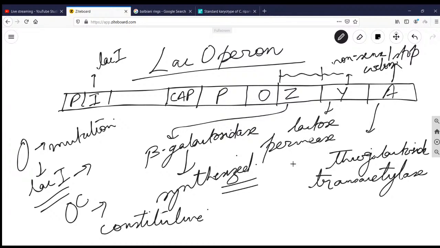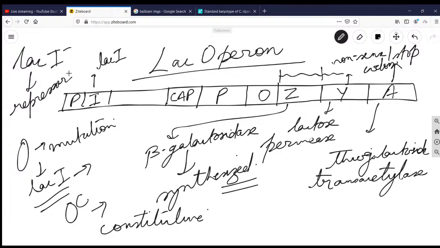And if you talk about the lac-I locus, if you have a mutation in lac-I, which is known as lac-I minus, lac-I minus means it is such a mutation which will produce a repressor protein, but the repressor protein cannot bind to the operator region, or the repressor protein will not be produced.